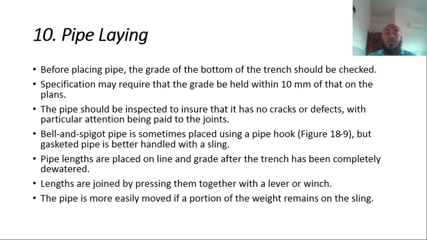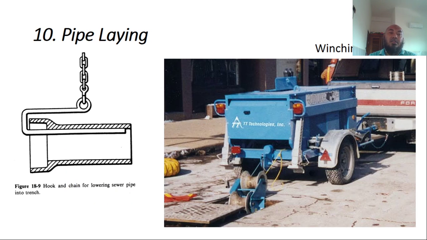Pipes are joined by pressing them together with a elevator or winch. The pipe is more easily moved if a portion of the weight remains on the sling. So this is how we handle the pipe.